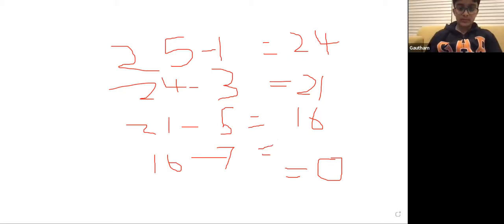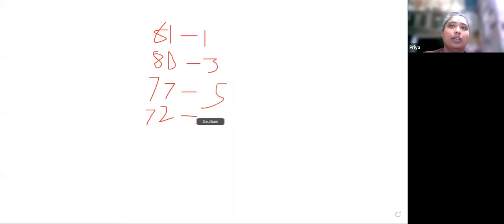Okay, you got the answer. All right, I'll just write the next number in the sequence instead of writing the subtraction, okay? No, can you please write it fully? You know, in maths, the answer alone doesn't matter. Everything matters: the steps, how you derive it.